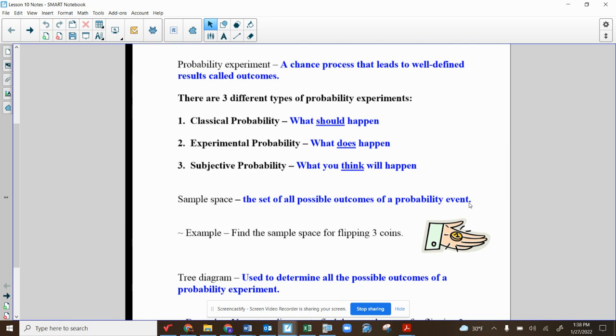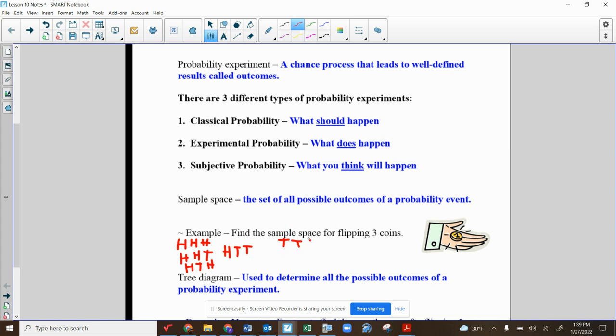So, for instance, flipping 3 coins, for the sample space, possibilities would be to get all heads. I could get heads for the first 2 and then tails. I could get the tails in the middle, or I could get heads first and then 2 tails. So that'd be getting heads first.